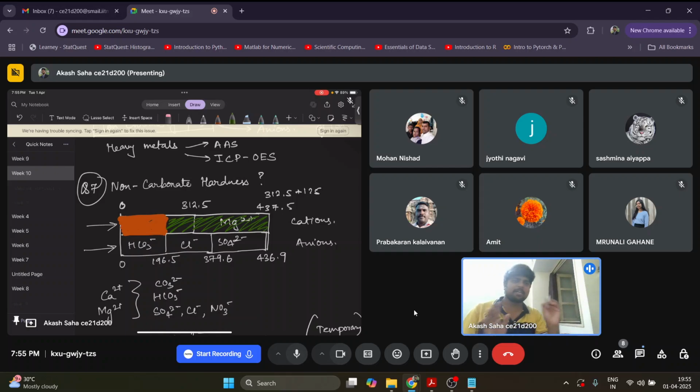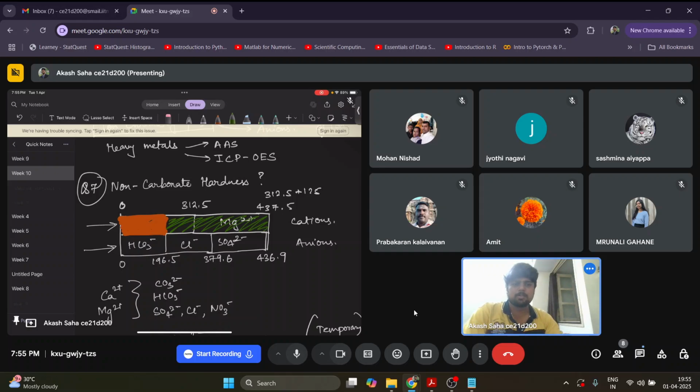Is there any doubts or any confusion for anyone? You can ask me now, because all the next problems will be based on this particular diagram only. Every question we have to make this diagram and then solve. Otherwise, it will be a very difficult task. And we will also see how the treatment, as Amit asked me, how to remove the permanent hardness. So we will see how to add lime and soda ash to remove the permanent hardness also.